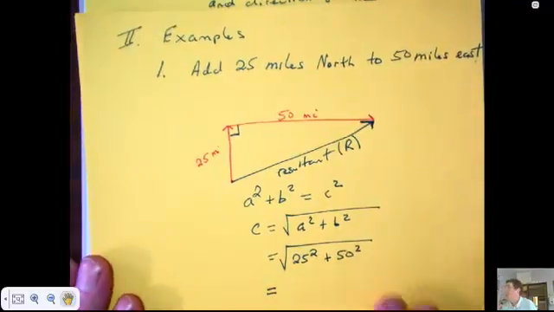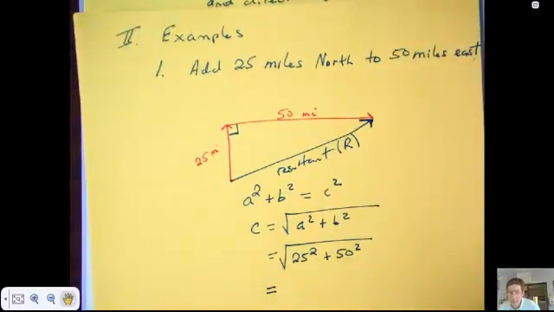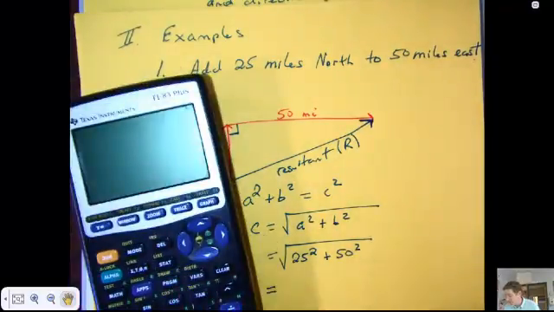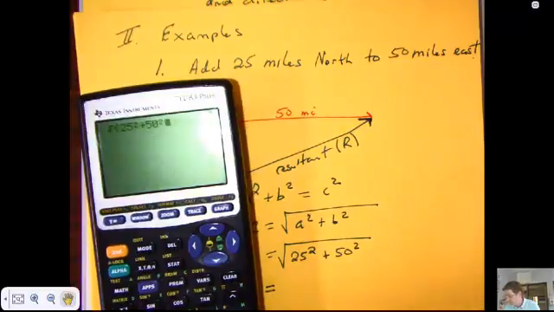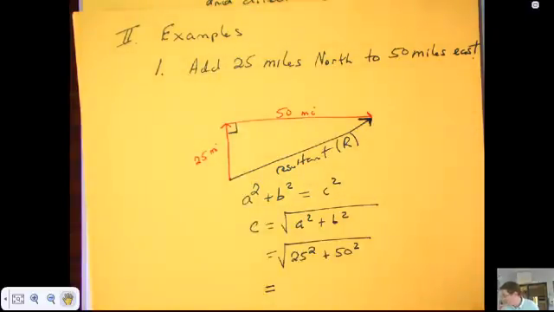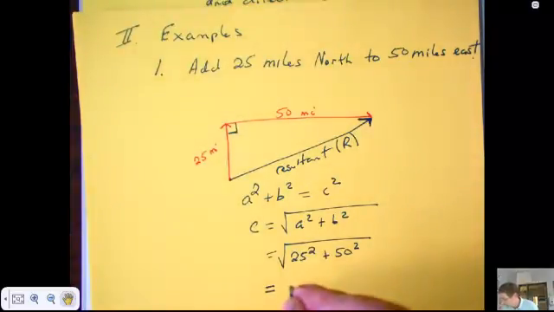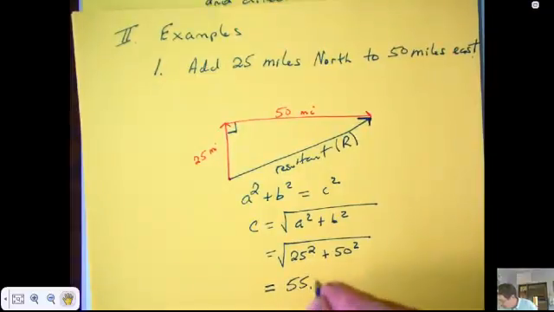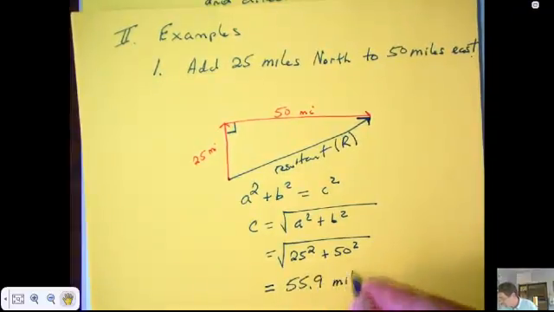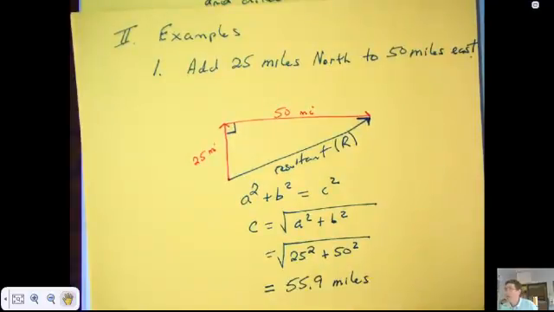Unlike in math, where you may always keep it exact, we'll always approximate in physics because it's an actual number we're going to work with. So the square root of 25 squared plus 50 squared is 55.9, and it is what units? Miles. So 55.9 miles.